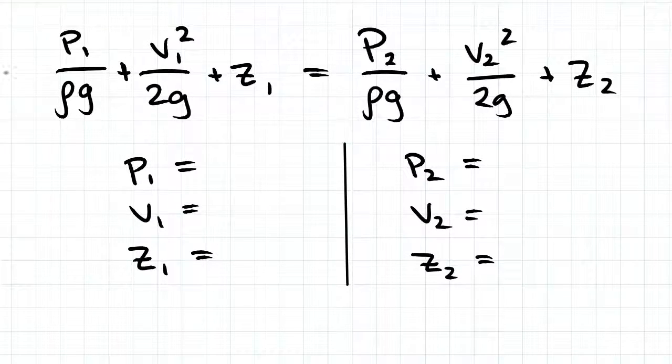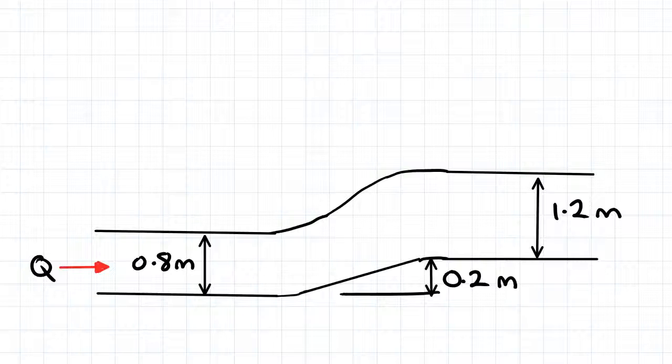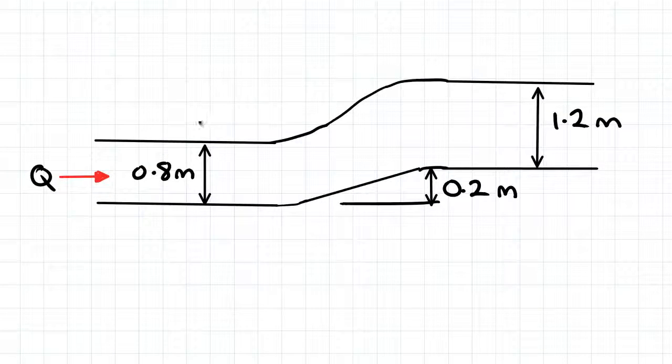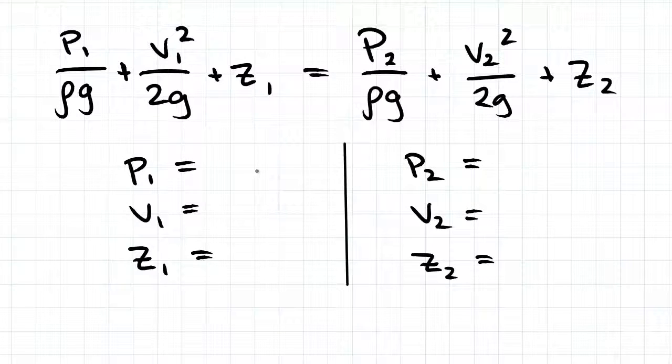So here's the Bernoulli equation. We're finding pressure, velocity, and height at each point. So our point 1, which is here, point 2 is there, it's along the surface of the fluid. At point 1, pressure is 0, velocity is unknown, and height is 0.8 because our datum was along the bottom there. So that's 0, we're going to call that V1, and 0.8.